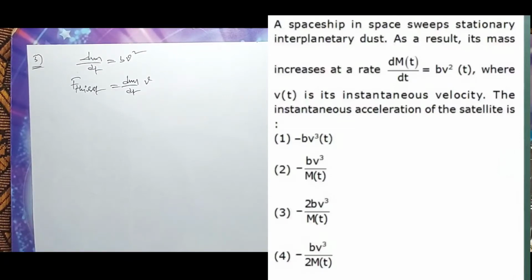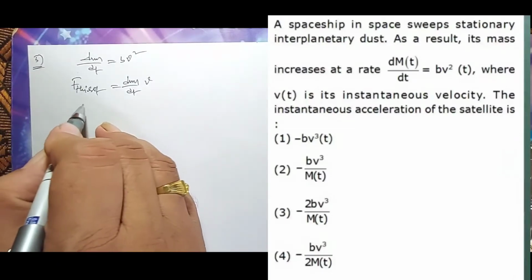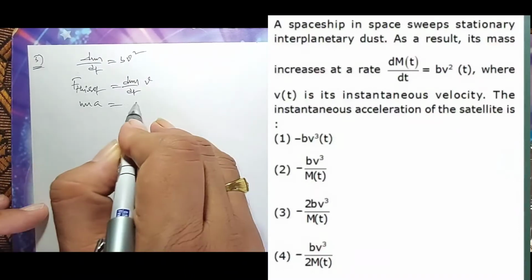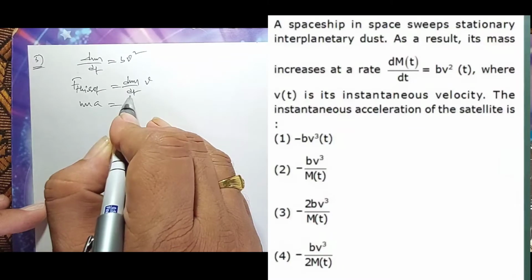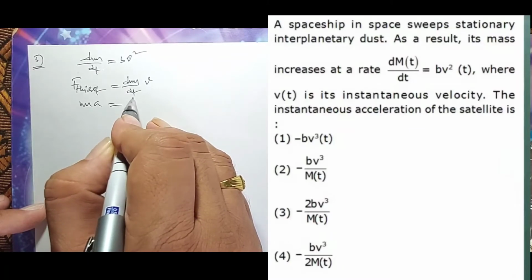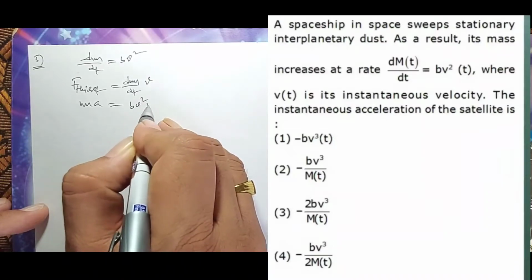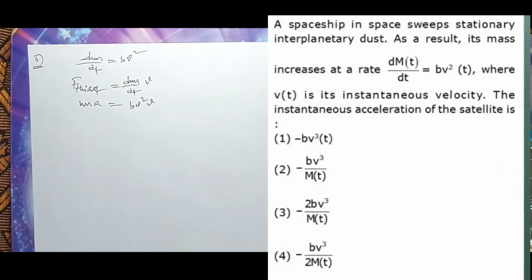So, F is equal to ma. So ma is equal to dm by dt, and according to the given problem, dm by dt is bv square, so bv square into v.